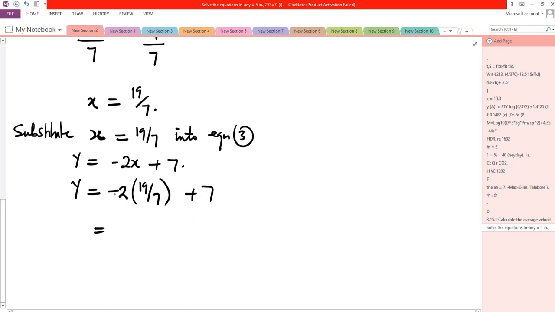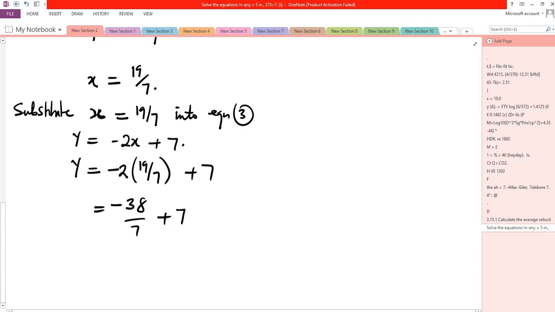Now minus 2 times 19 will give us minus 38 all over 7 plus 7. To make this the same denominator, you have minus 38 all over 7 plus 7 times 1. Anything you multiply by 1 will still give you the same value.